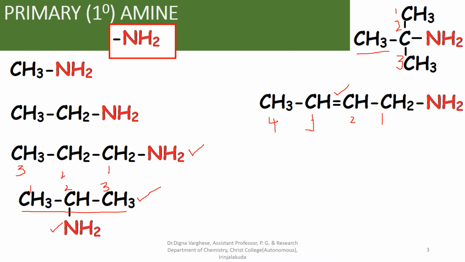So these are aliphatic amines. Next we come to aromatic amines. Here the benzene ring is attached to the NH2 group.